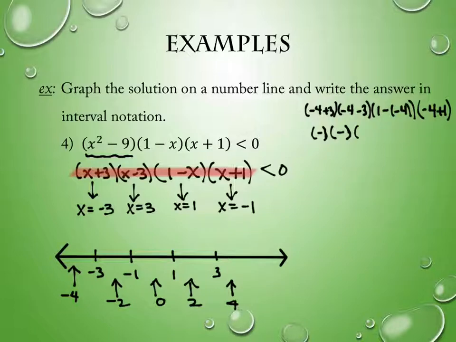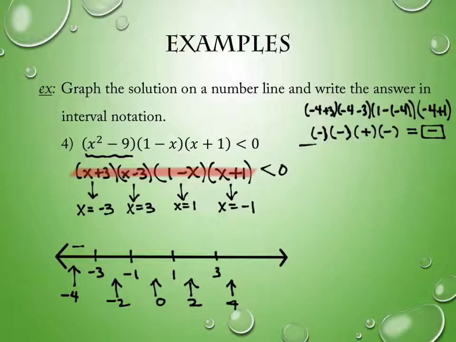Negative. The third sign. What is 1 minus -4? It's 1 plus 4, right? So that one's positive. And how about -4 plus 1? Negative. So there are 3 negatives and 1 positive, and I multiply them together, what do I get? This one is negative. So I have a negative starting out on my number line.